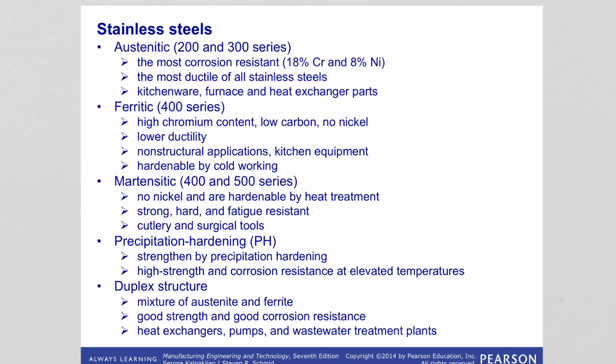Ferritic stainless steels are magnetic and are less ductile and less corrosion resistant than the austenitics. The applications range from non-structural uses, kitchen utensils, kitchen equipment, and they are also hardenable by cold working.